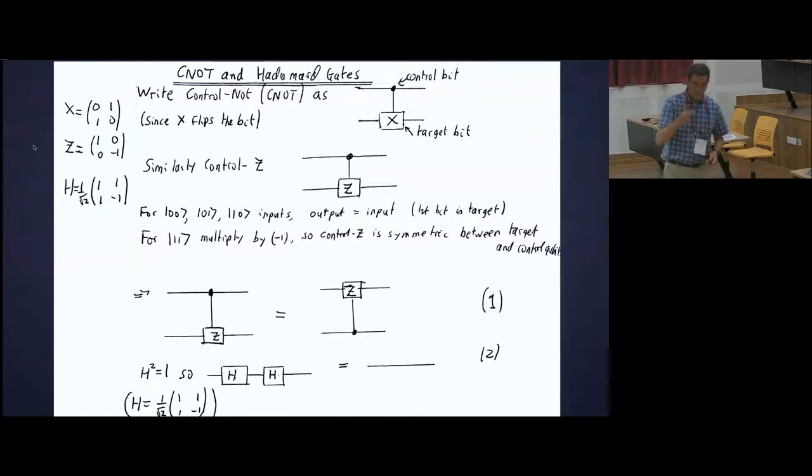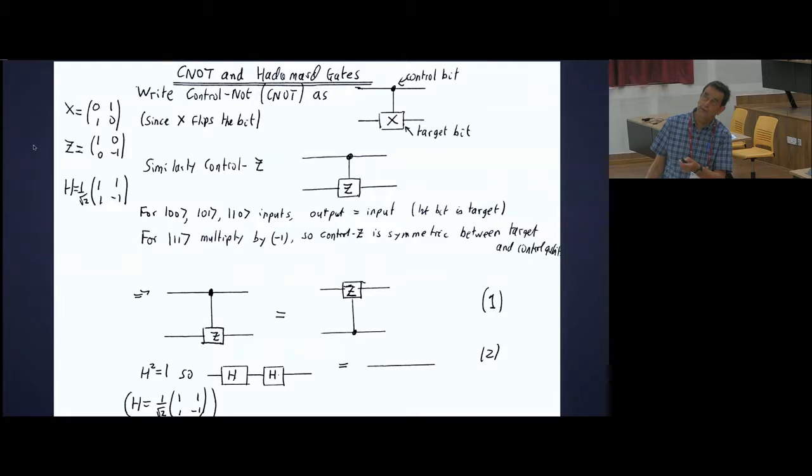One can do other types of controlled operations too. In particular, we will consider a control Z, which is exactly the same thing. If the control qubit is 1, then the target qubit at the bottom gets acted on with Z, which changes the sign of the piece of it involving basis state 1. So if the control bit is 0, nothing happens.